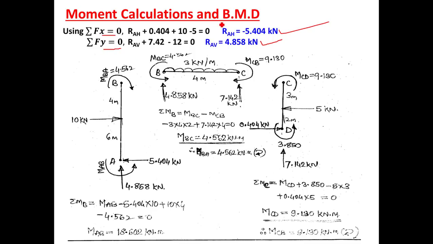And then if you separate all three members AB, BC and CD and follow the procedure we already discussed so many times in the beam and frame problems, if you follow that procedure of taking moments, here if you take moment at C, here also if you take moment at C or B, and here if you take moment at B, you will get all the moments.